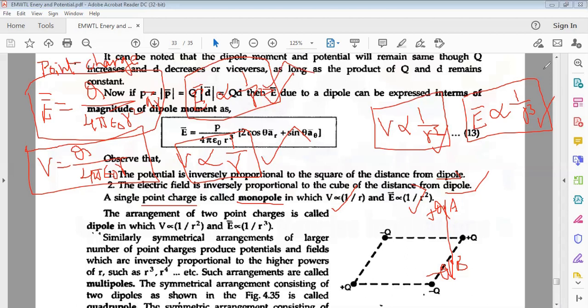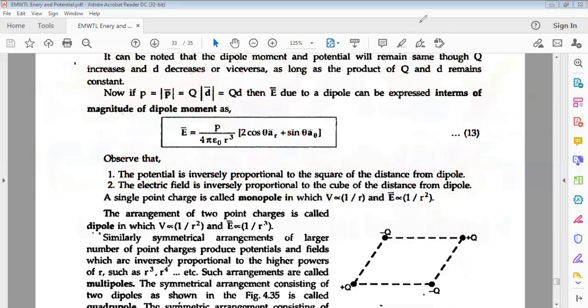Here R square and R cube; there R and 1 by R square for the point charge, which is the monopole. Got it? The arrangement of two point charges is called a dipole, in which the potential V is 1 by R square and the electric field intensity is proportional to 1 by R cube.